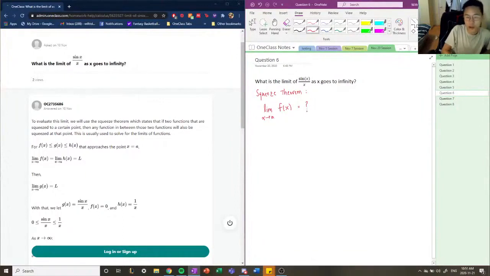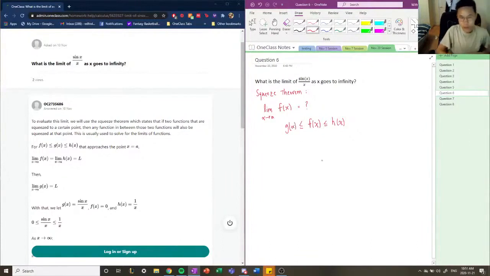Well, the squeeze theorem suggests that we take our function f of x and we squeeze it. So we need to know that f of x is less than or equal to h of x. So we find another function that will always be greater or equal to f of x, and we find another function that will always be less than or equal to f of x.